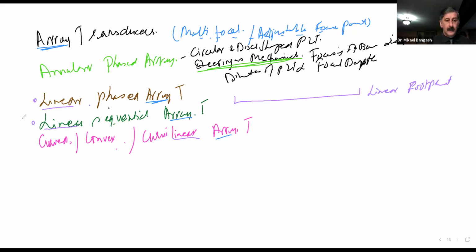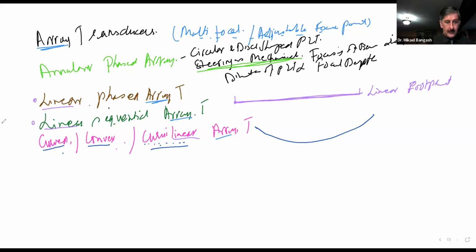The reason we call them linear could be that they have a straight linear footprint, which is a little bit off in this one here because the footprint is curved. That's why we call it curved, or convex, or even curvilinear.